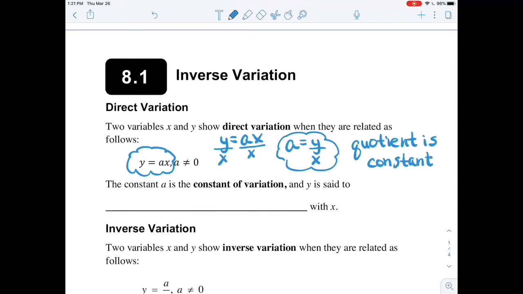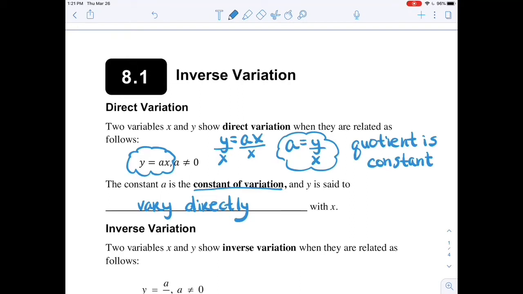That constant a is called the constant of variation, and y is said to vary directly. So that term, direct variation. So it's varying directly with x.